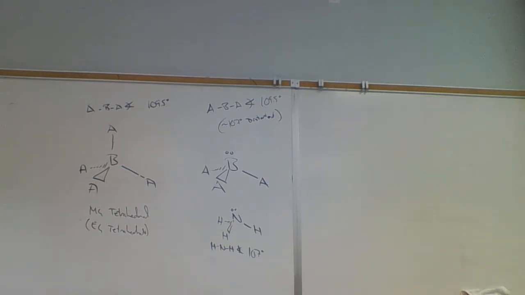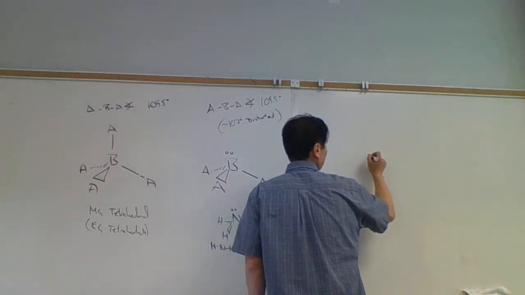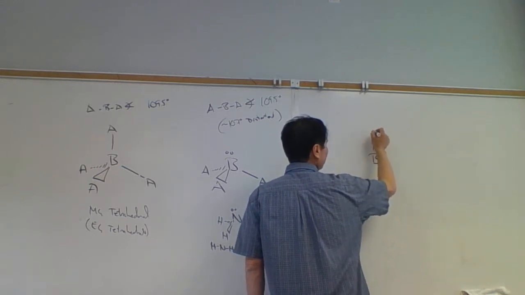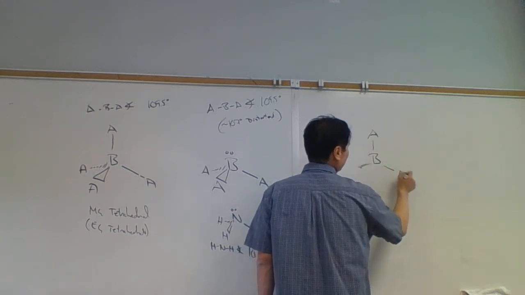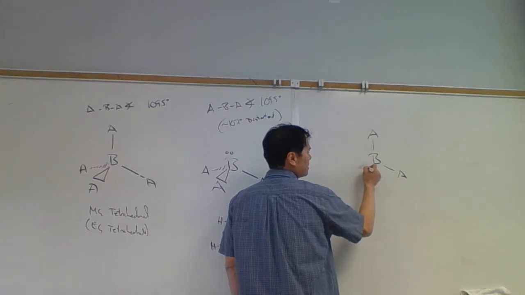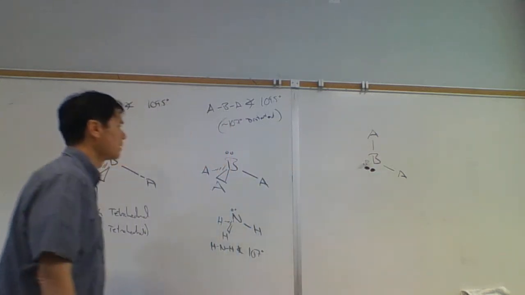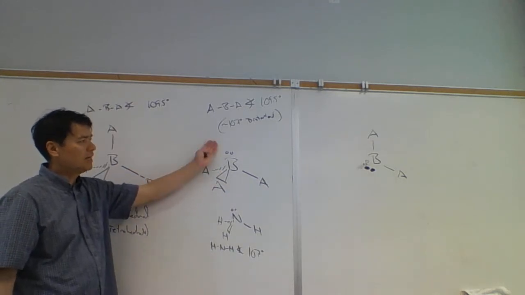If I drew this three-dimensionally, we typically draw like this. I'll put the two bonded atoms in the plane. Then one lone pair sticks out like this. This would be the wedge. And then one lone pair is dashed in like this. That would be the dash. I draw the lone pairs like this. If the lone pair looks like this, it's in the plane.